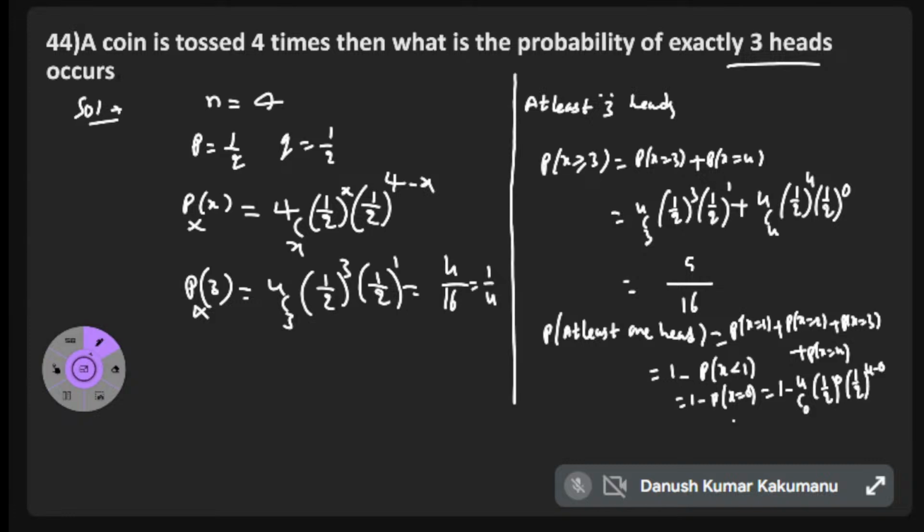This is 1 by 16. 1 minus 1 by 16 is 15 by 16, the answer. You all understand why we are not going with P of x equal to 1, 2, 3, 4. Instead, take the complement. The complement gives the direct, easy answer. So that is one question from the binomial distribution, and within this one question we have done two more questions also.